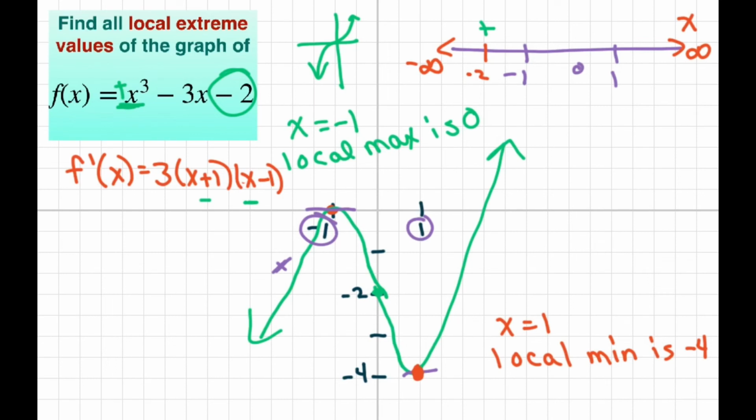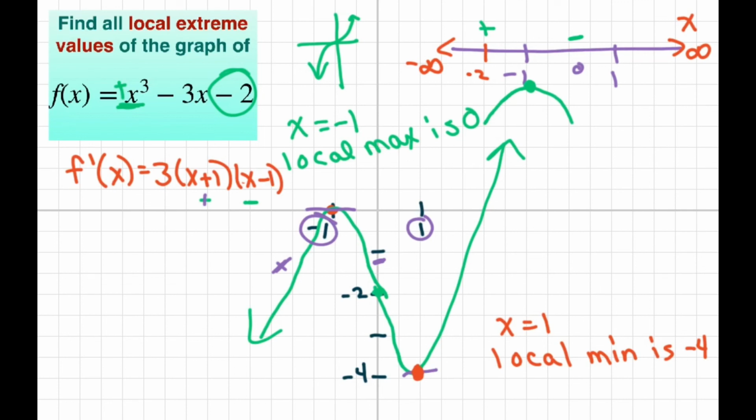If you substitute in 0, you're going to get a positive times a negative, so it's negative. That means the gradient, or the slope, is negative. So if you're going from positive to negative, that means you're going up and then down. So that would be a local max.